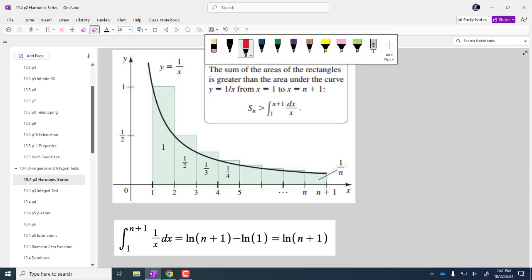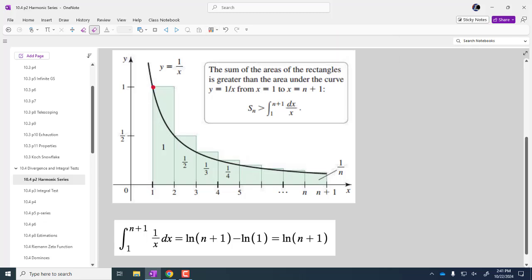The terms of the series are these points right here, and these rectangles give us a visualization for S sub n. The series is 1 plus a half plus a third plus a fourth. We can visualize those values as areas of rectangles that have a width of 1. This height is the same as this area.